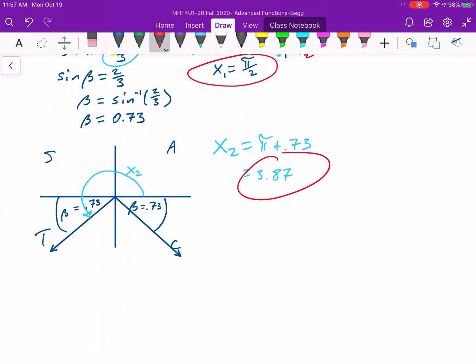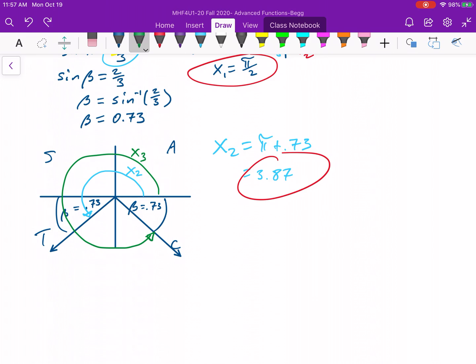And finally, let's use a different color for my pen. I have to go all the way around to here, starting again at the positive x-axis. That's going to be x3. And in this case, it's almost at 2 pi, right? Going from here all the way around is 2 pi, but I have to back up a little, and I have to back up to where that terminal arm is.